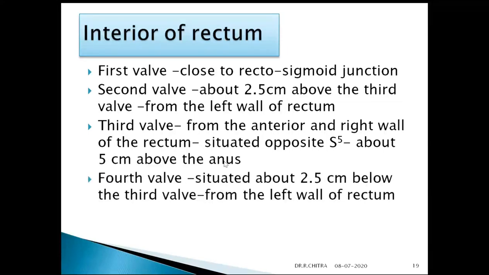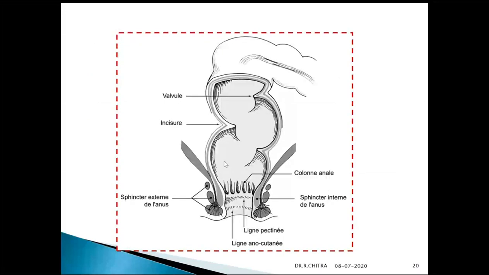The fourth valve is situated about 2.5 centimeters below the third valve, from the left wall of the rectum. So this is how Houston's valves are represented here, present in the interior of the rectum.